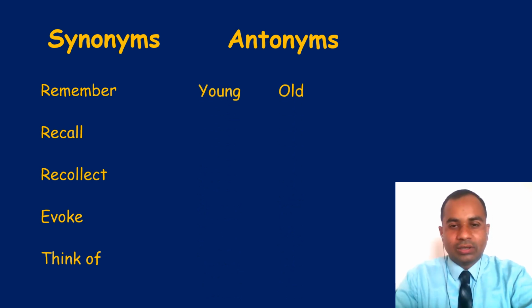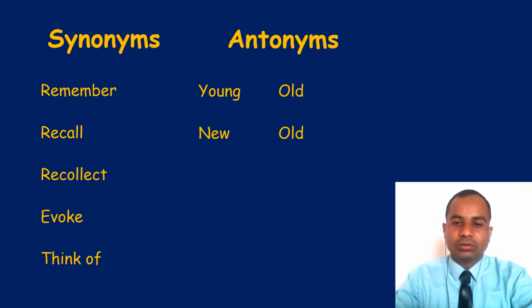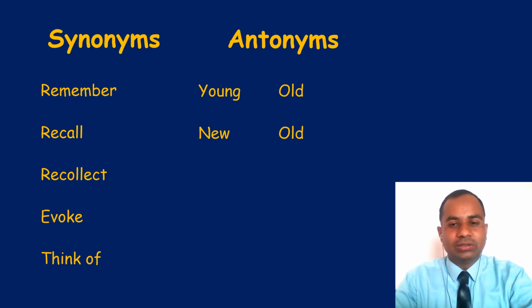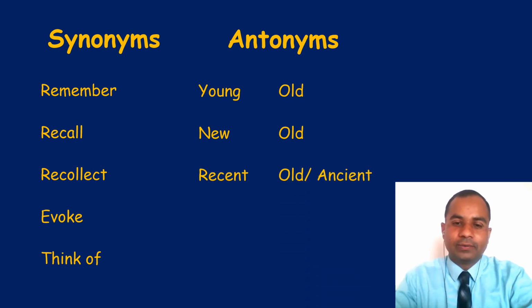Young, yes, if it is about age, then young, old. But new can also go with the antonym old. These are the new things and these are old ones. So he is very young and she is very old, or vice versa.